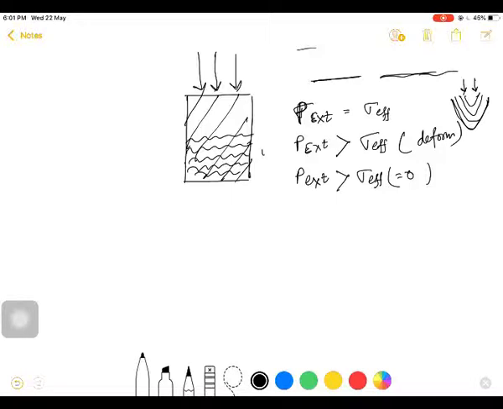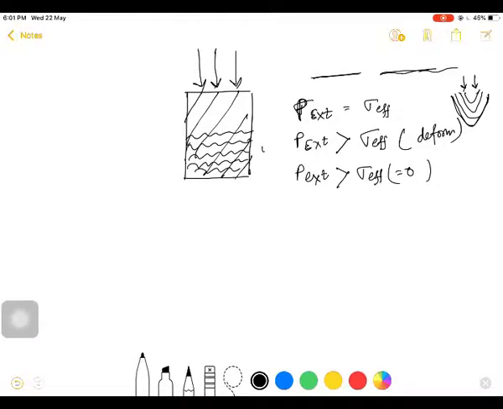Now I will show why soil starts deforming quickly. So let's get started.